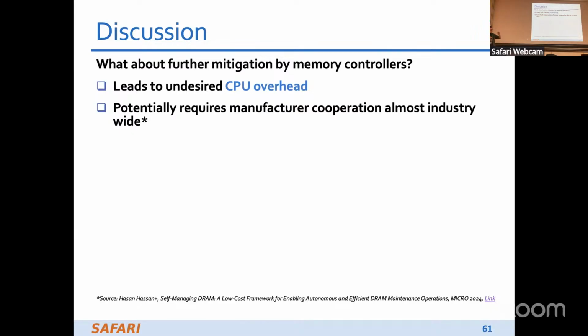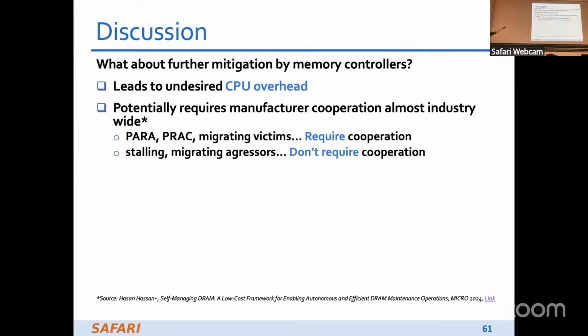There's a paper on this called Self-Managing DRAM, which argues that since these disturbance errors are an issue in DRAM, it should also be solved by DRAM. And some of the solutions that we have discussed here require cooperation, such as PARA, PRAC, the migrating of victims. Others don't actually require this cooperation, such as the stalling or the migrating of aggressors.